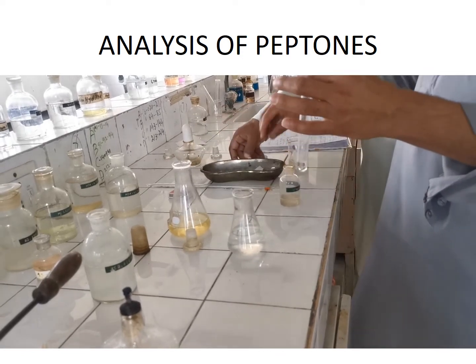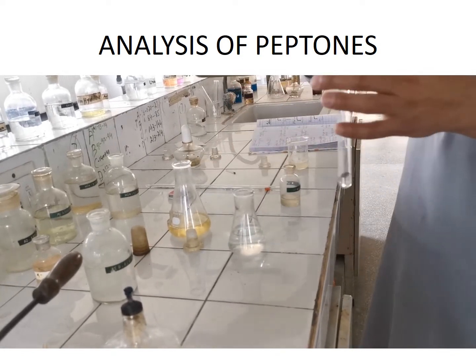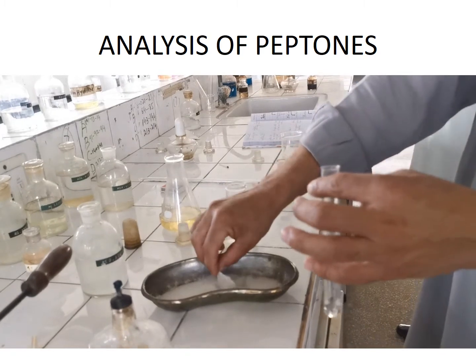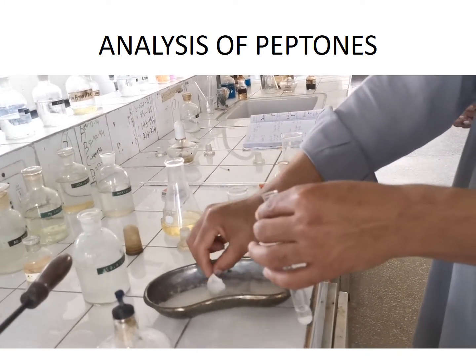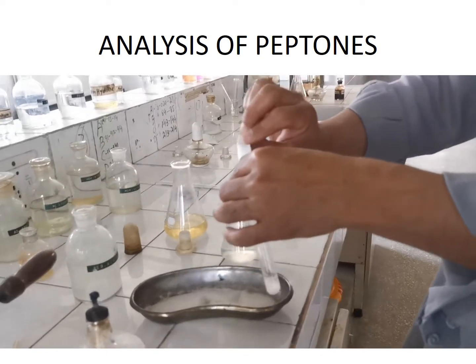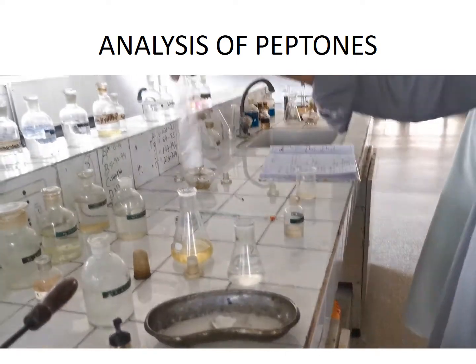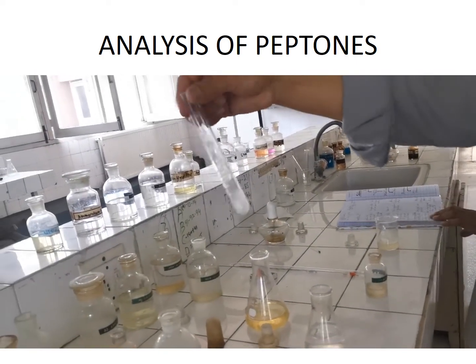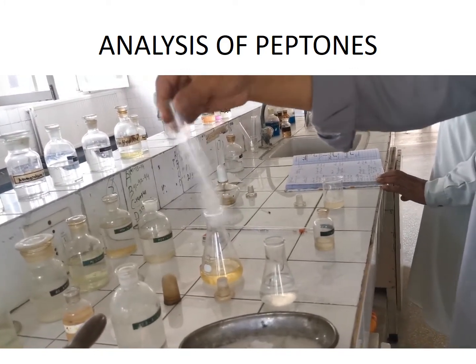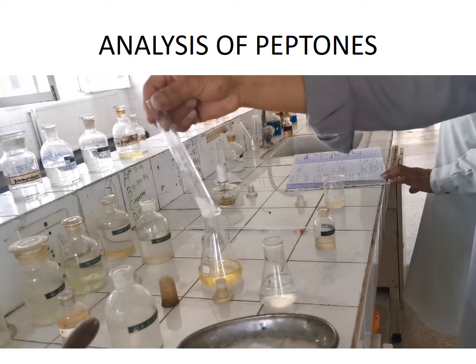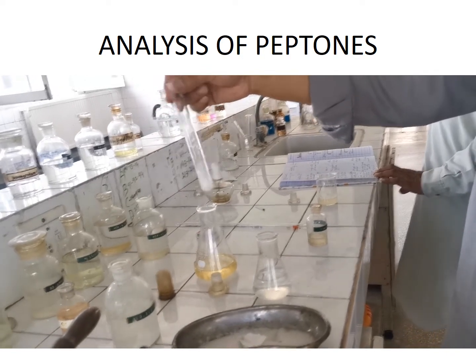And we are going to saturate it with ammonium sulfate crystals. Saturate it till 100% saturation is achieved, by dissolving the crystals. When no more crystals are dissolved, this is going to be 100% saturation.